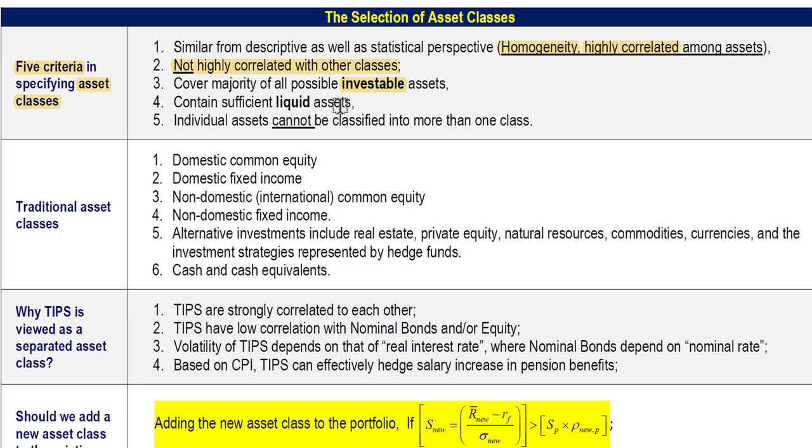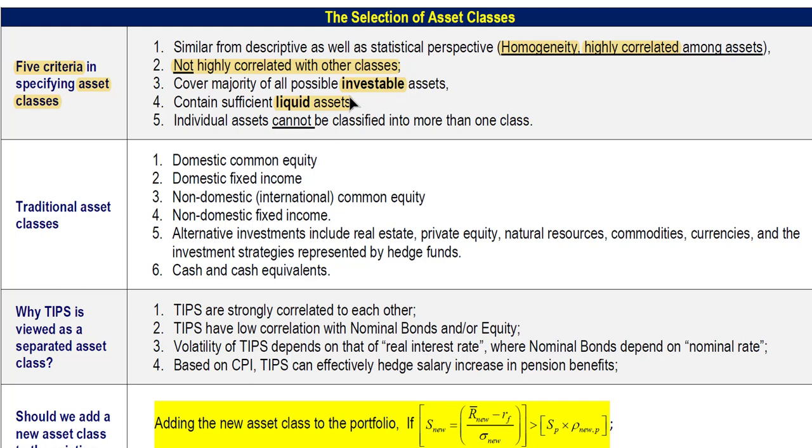Related to investability is liquidity. The majority has to be liquid assets. That means we're able to sell when we need to sell, and we're able to buy when we need to replace the old one with the new one. So these are four very important criteria.